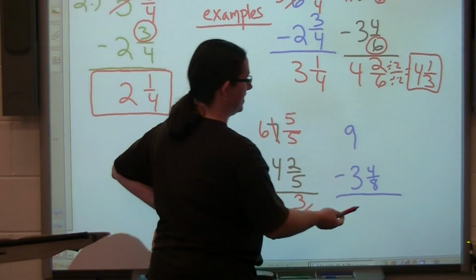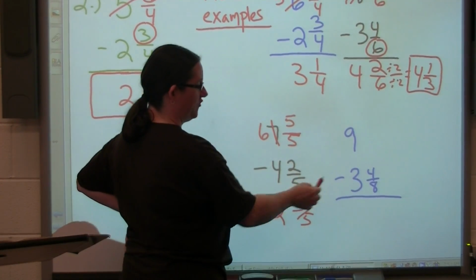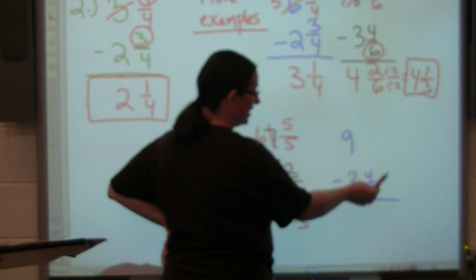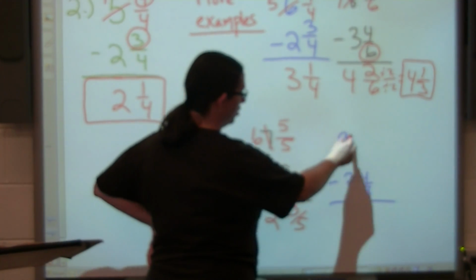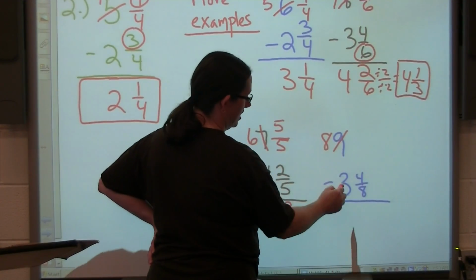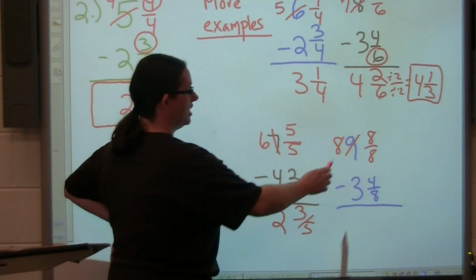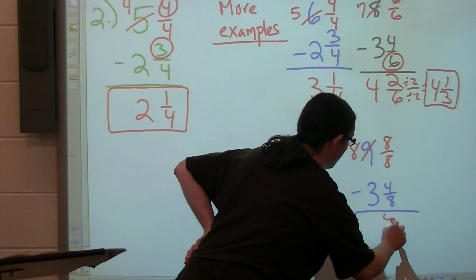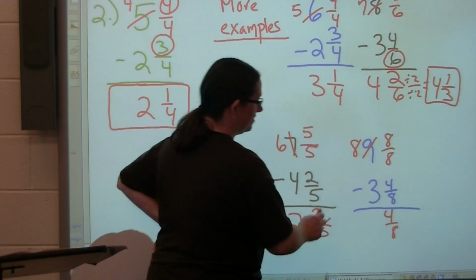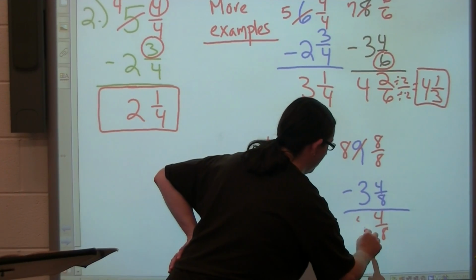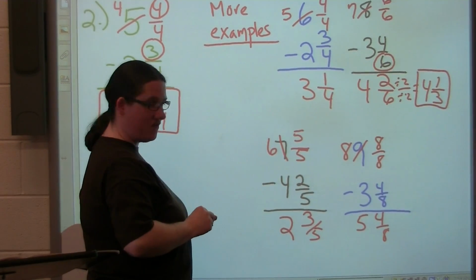All right. One more. Let's see if we get the hang of this. 9 take away 3 4/8. Again, there's nothing here, so I need to borrow. The 9 becomes an 8, and this becomes 8/8. So now I have 8 to subtract. 8 take away 4 is 4/8. 8 take away 3 is 5. 5 4/8. Can I simplify that?